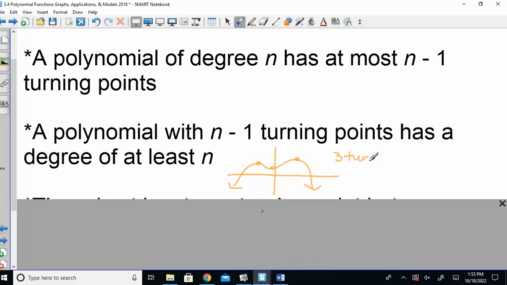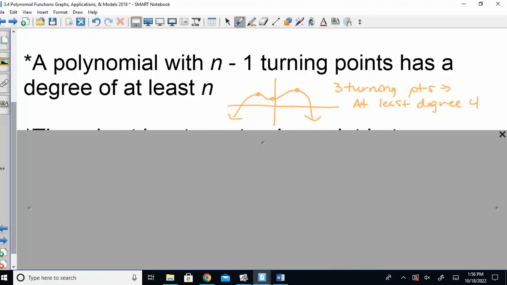So I have 1, 2, 3 turning points. So that means it has to be at least degree 4. It could be more because you're not guaranteed to have, if you think about x cubed, does x cubed have any turning points? No, but this tells us a little bit something about our graph.